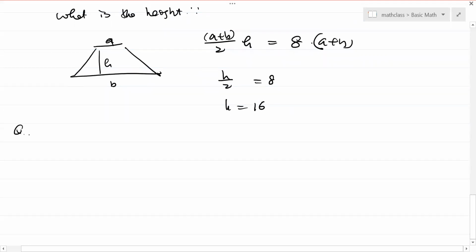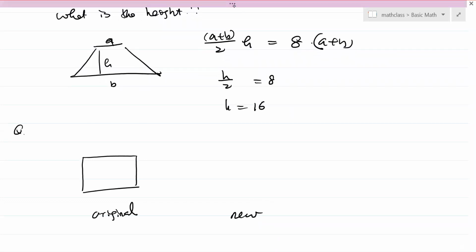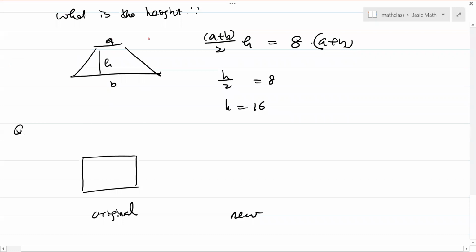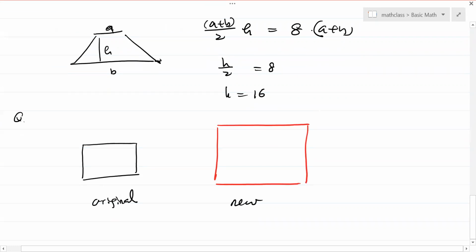So here's the question. Rectangle, this is the original one. When you do the geometric problems, you draw the picture, okay? Increase by 2 units on each side. The length will be increased by 2 units, okay? So this is a new one, right?